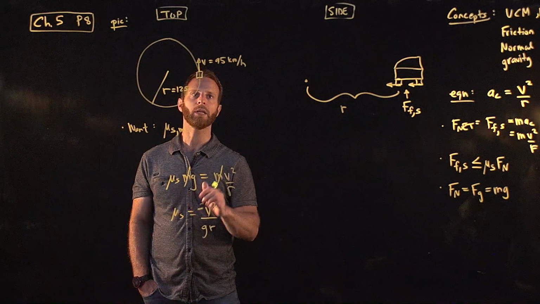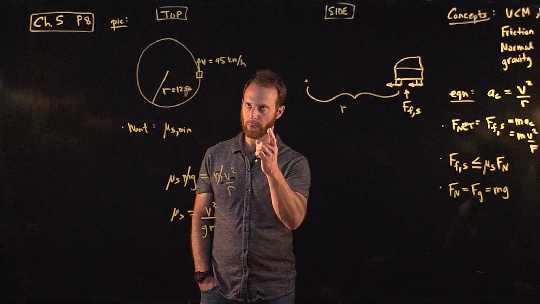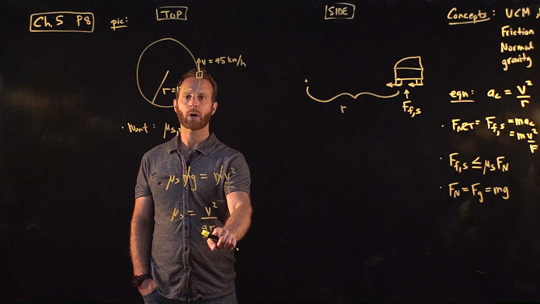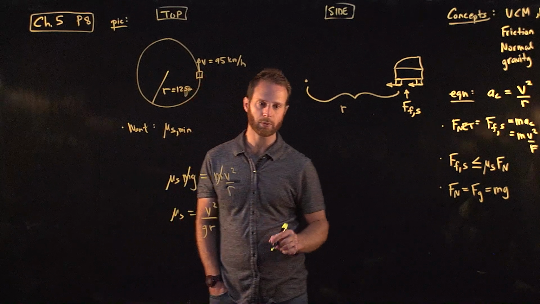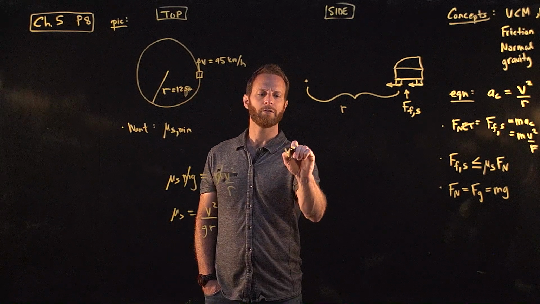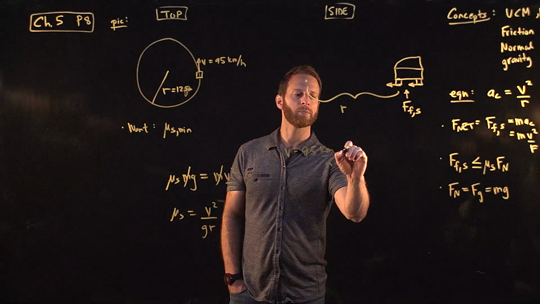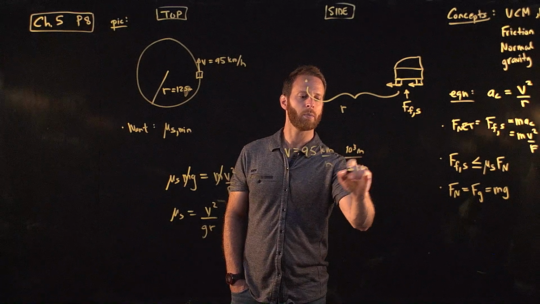Do we have everything we need? 95 kilometers per hour for the speed. That's not a useful unit, but we can deal with that in a second. g we know is 9.8 meters per second squared, and r is 125 meters. So we're basically there. We just need to plug in the numbers. Let's do that really quick. V, 95 kilometers per hour times 10 to the 3 meters for every 1 kilometer.